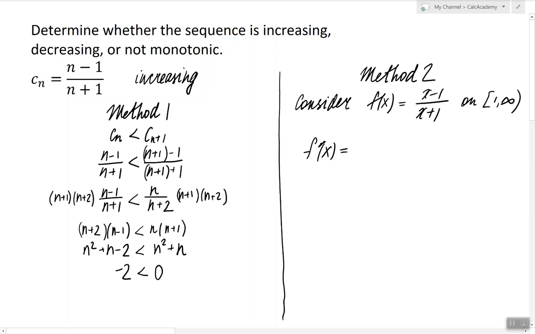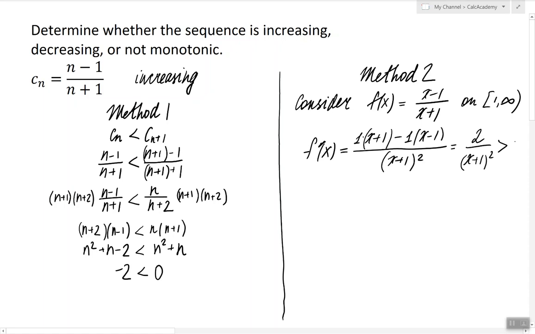So the derivative of this function, using the quotient rule, is going to be 1 times x plus 1 minus 1 times x minus 1, divided by x plus 1 squared. In the numerator we have now 1 plus x minus x plus 1, so it's 2 over x plus 1 squared.